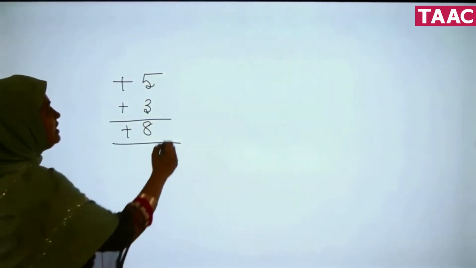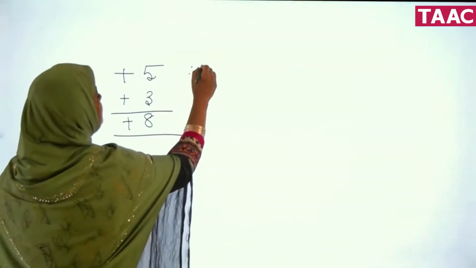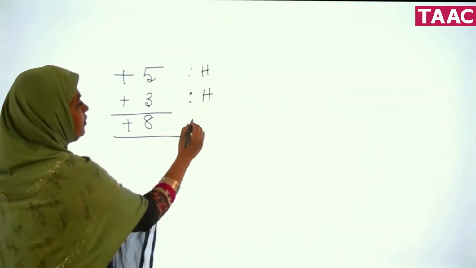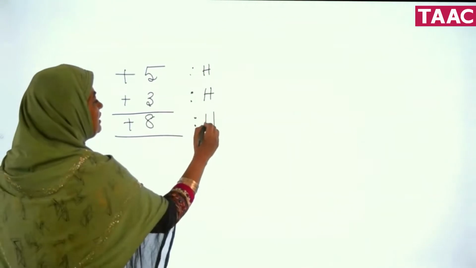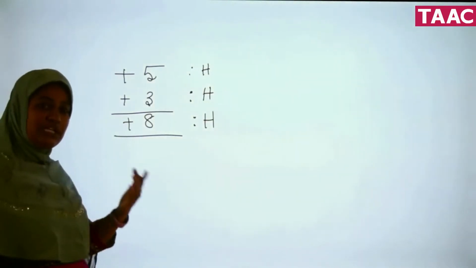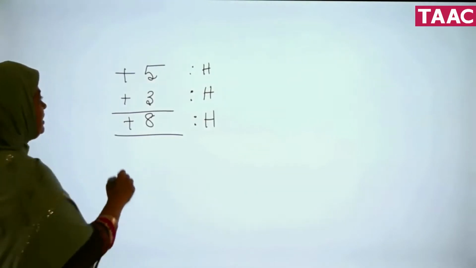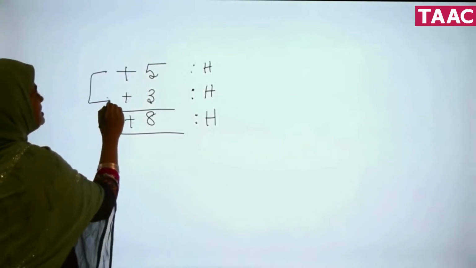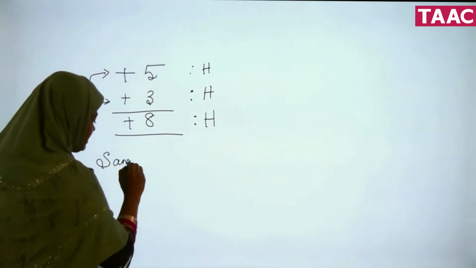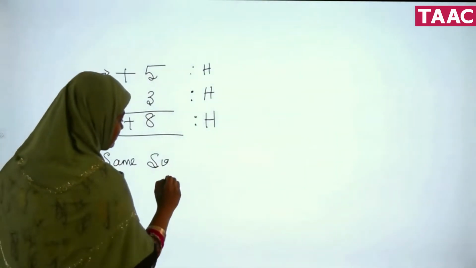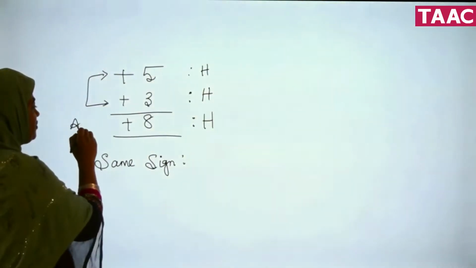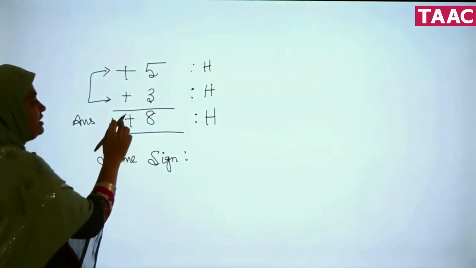So, what is the meaning? We had 5 heroines and we had 3 heroines. Total, we are having 8 heroines. So, now I will explain to you the rule. That is, if you have the same sign, see the answer you have got. What is your sign in the answer?